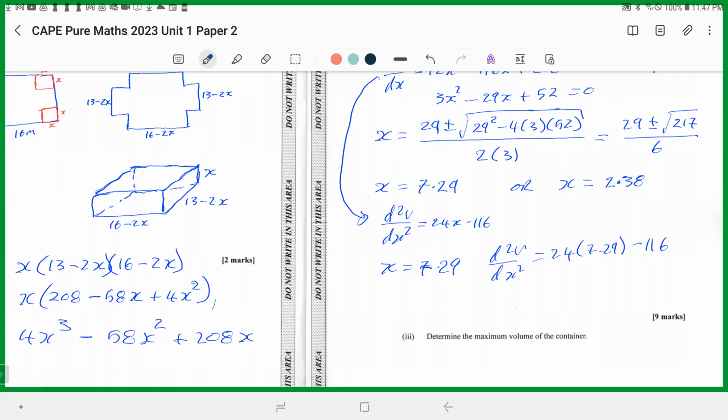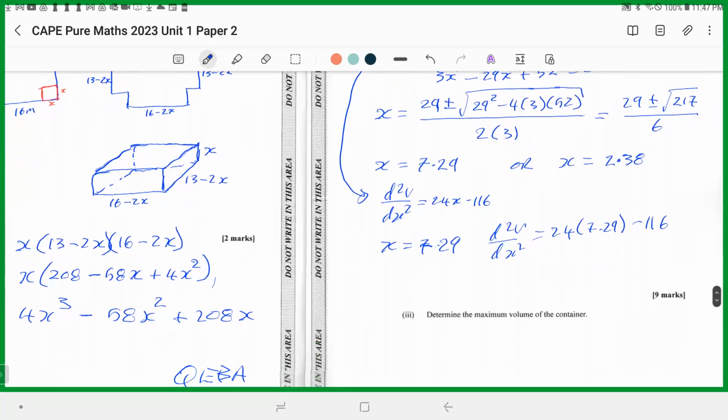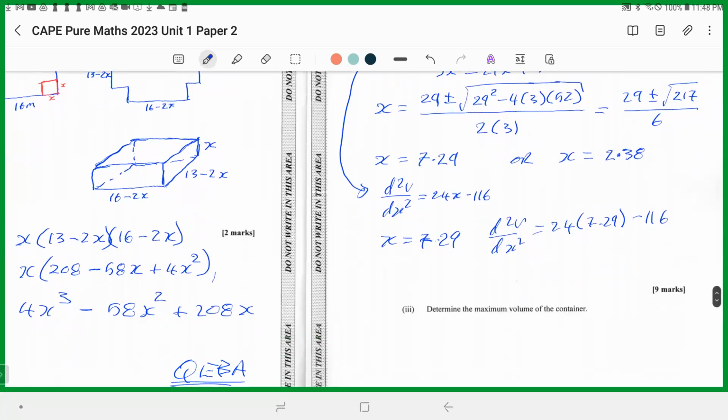The one that is negative is going to give us the maximum. That comes out positive, greater than 0. This one gives us the minimum, so not this one.